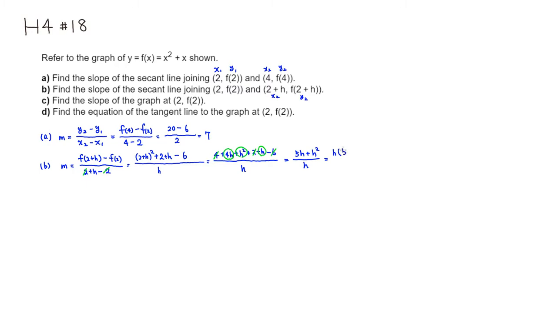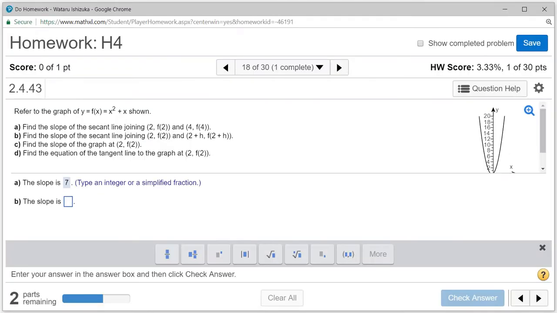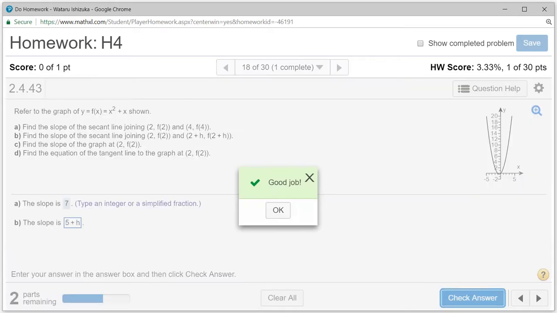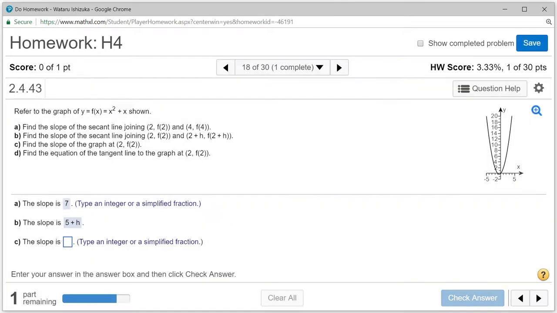You have a 5 from the first term and another h from the second term, divided by h. Then we can cancel h, because h divided by h is 1. So you end up with only 5 plus h. Let's type it in. We got 5 plus h. Check the answer. We got that.